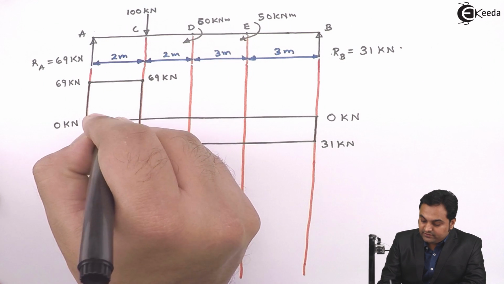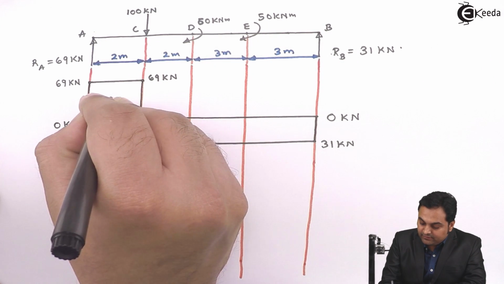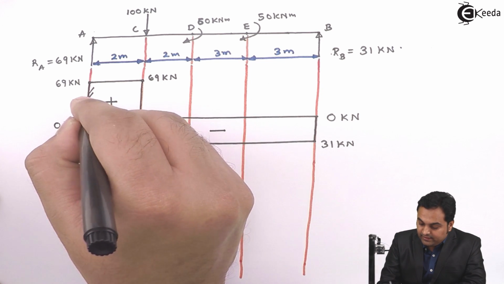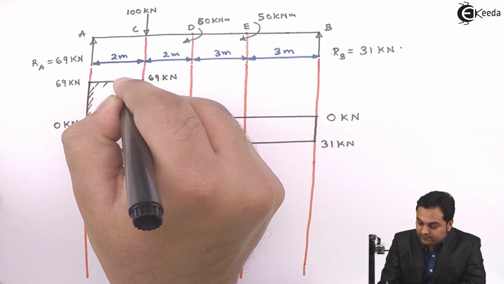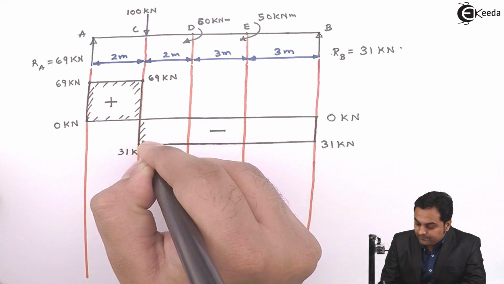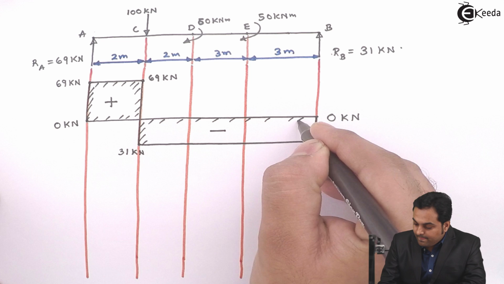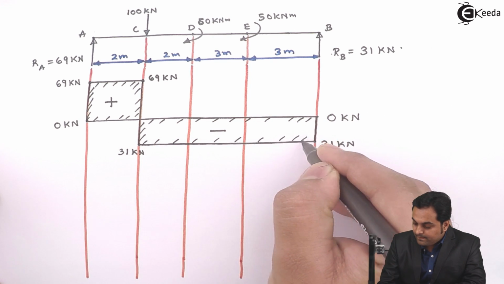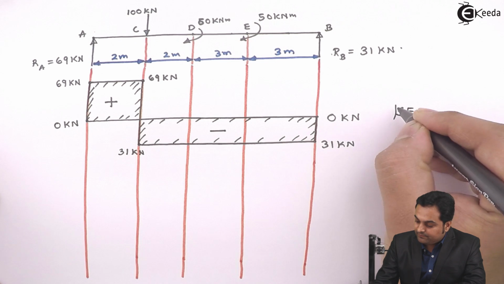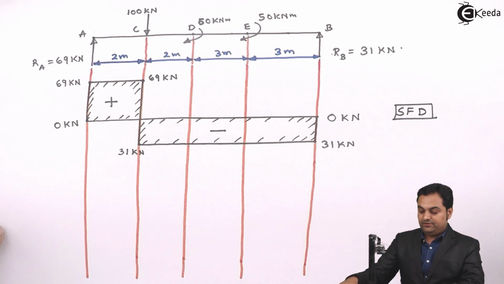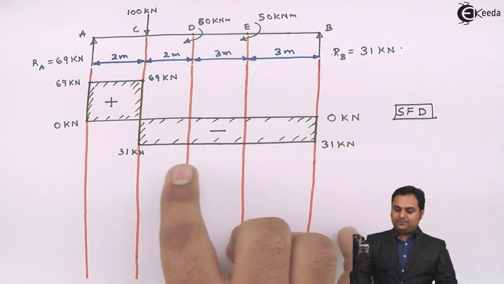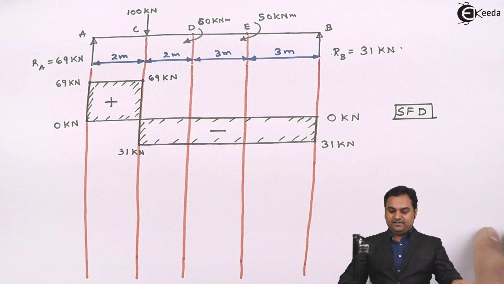So whatever diagram I have plotted above the line, that is positive, below the line, that is negative. With this we complete the shear force diagram, SFD. Here goes the step number 2. So now we have completed step number 2, that is the shear force diagram.